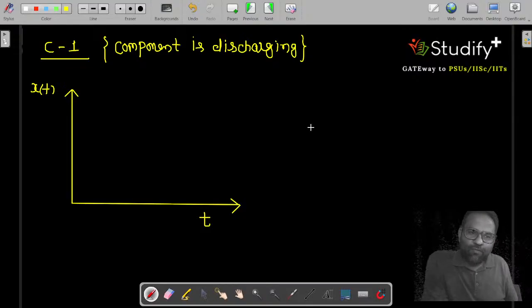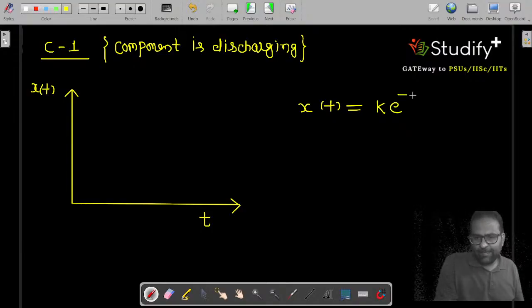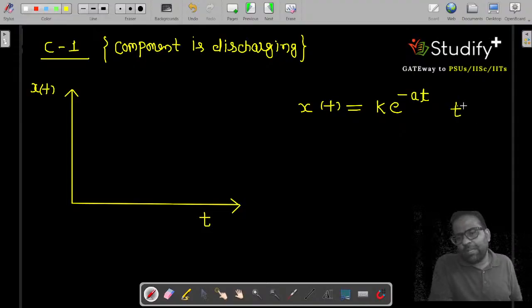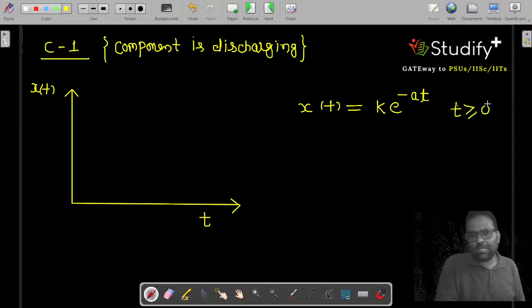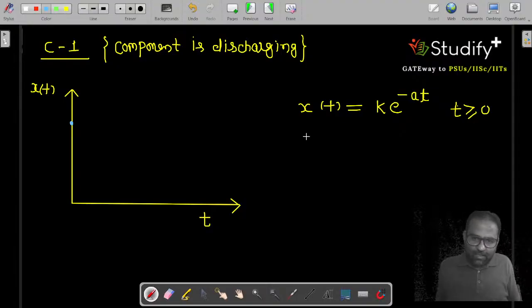And what is the nature of the waveform? x(t) equal to some constant times e to the power minus a t. Suppose you have this kind of waveform, and this solution is valid for t greater than or equal to 0. Correct? When I draw this waveform, can I say at t equal to 0, x of t equal to 0?